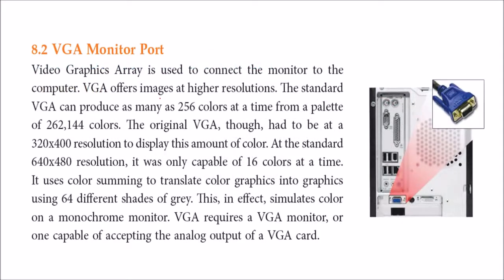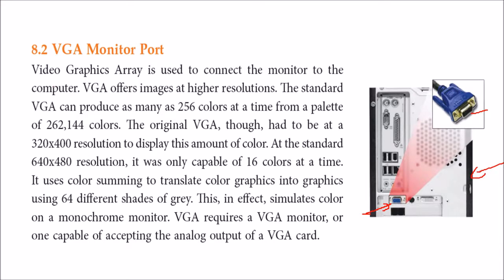Then we have the VGA monitor port. You see this connection, this is a female, this is a male, so the connection is done like this. This is a cable for connecting the VGA display unit with this particular PC.